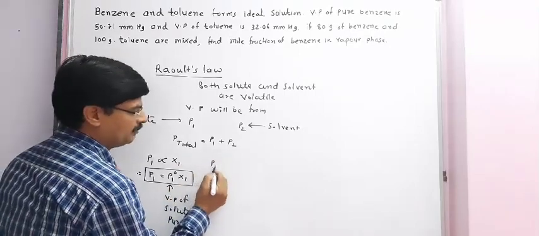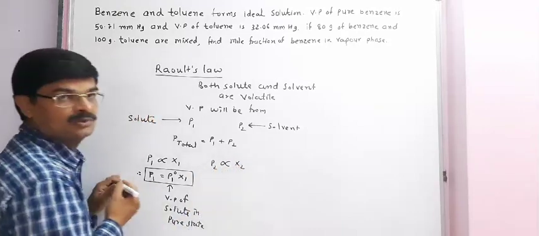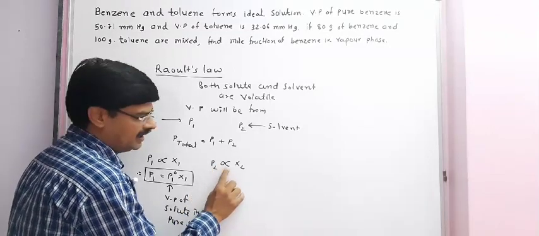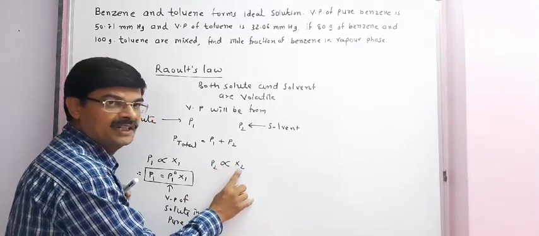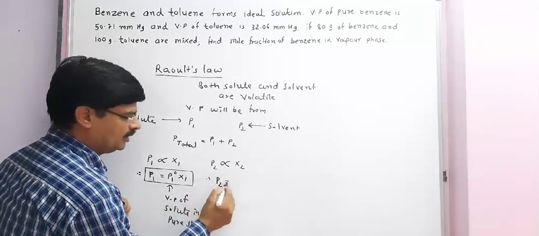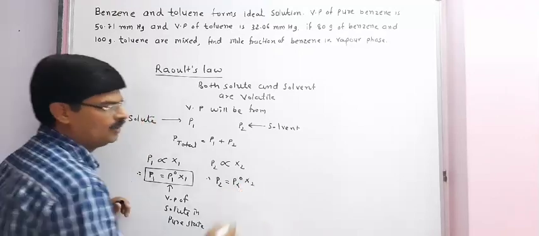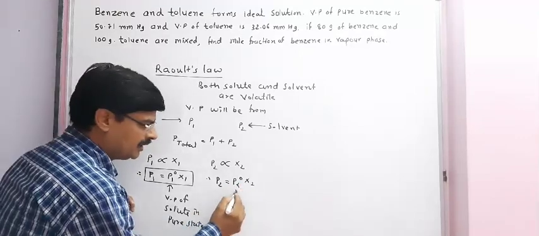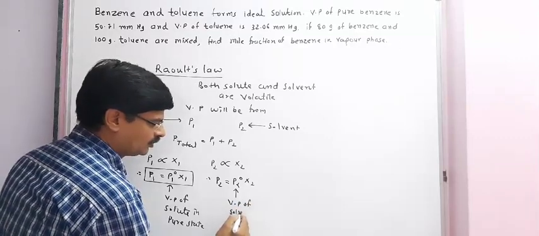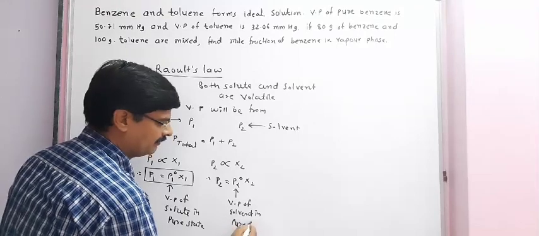Same way for P2. P2 is proportional to X2, that is, the pressure of solvent is directly proportional to its mole fraction X2. Therefore, P2 is equal to P2 naught into X2. Here P2 naught is the vapor pressure of solvent in its pure state.